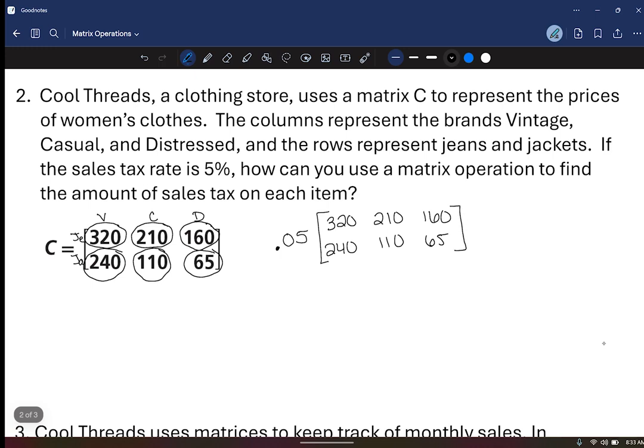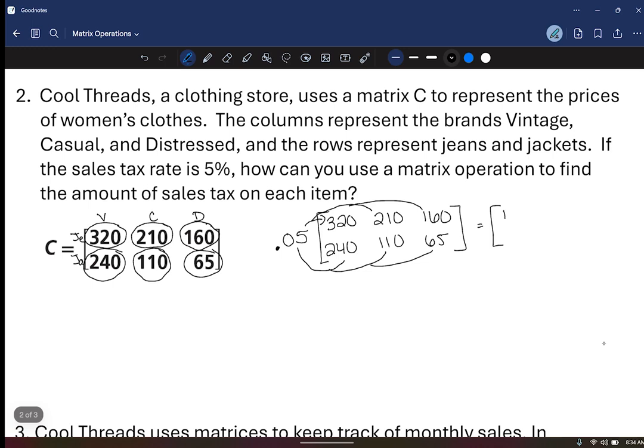So I'm going to take the 0.05 times the 320 and the 0.05 times the 210 and the 0.05 times the 160 and the 0.05 times all 3 of these, and that would get me my sales tax on each item. When we do that, the dimensions are not going to change because we're literally just multiplying by a scalar.